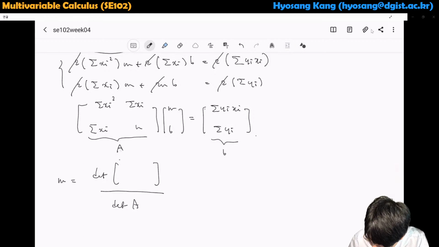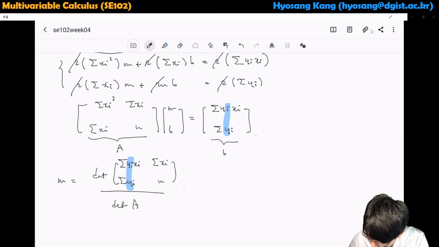So instead of these 2 elements in the first column, I put Σxi yi and Σyi. These columns follow from here.